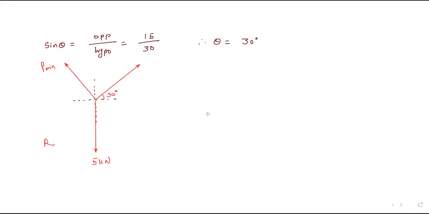If you don't understand, this is the line of block. Okay, and the next is this line which is going like this. This is your R, and here you have calculated this angle as 30 degree, and here somewhere the centroid is there.